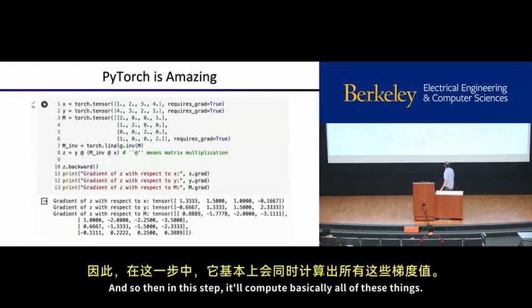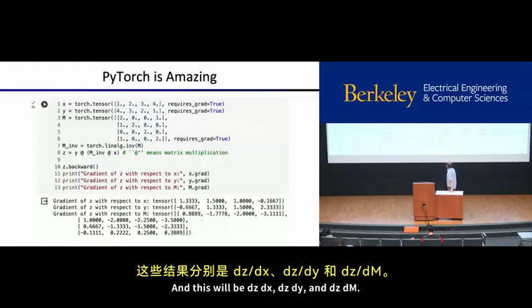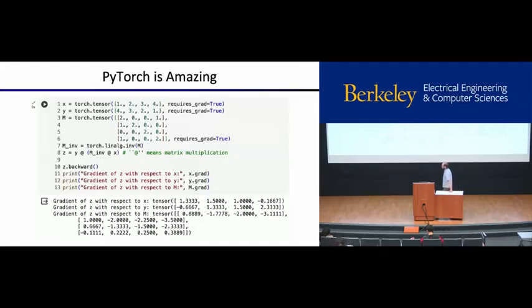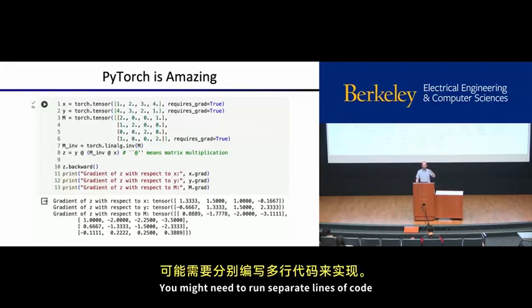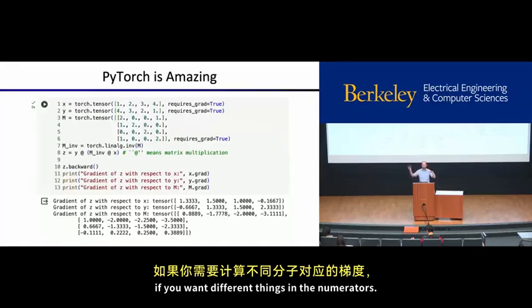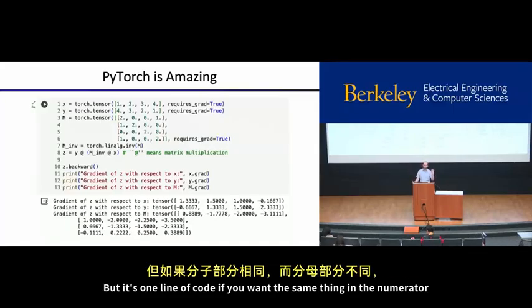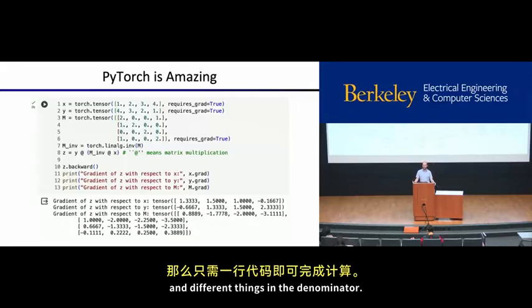And so then in this step, it'll compute basically all of these things, and this will be dz dx, dz dy, and dz dm. You might need to run separate lines of code if you want different things in numerators, but it's one line of code if you want the same thing in the numerator and different things in the denominator.